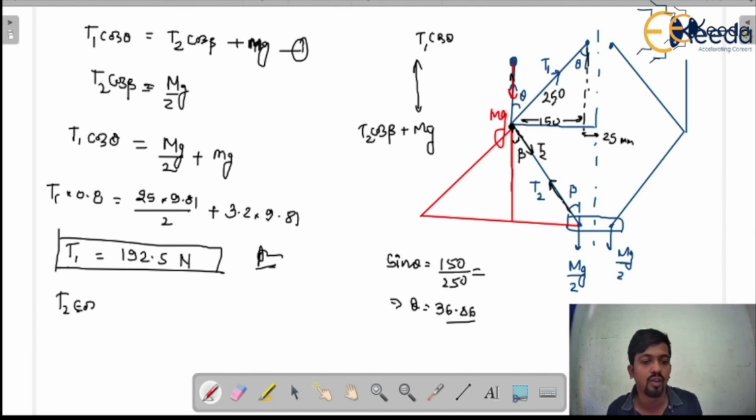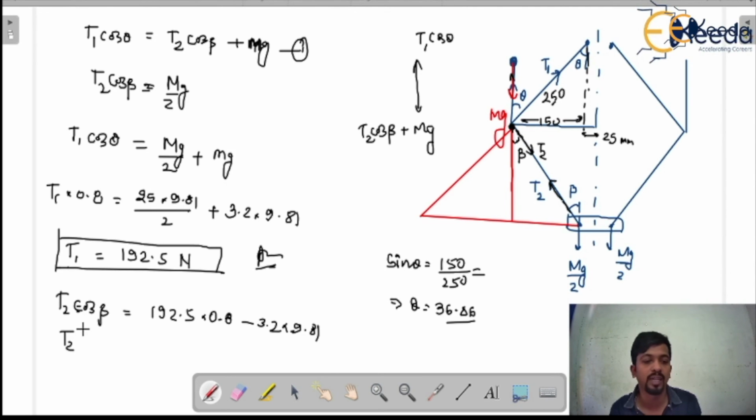So T2 cos beta, we all know that beta is equal to theta, so that is 192.5 cos theta, that is 0.8, minus mg. So mg is 3.2 multiply 9.81. So you can calculate T2.